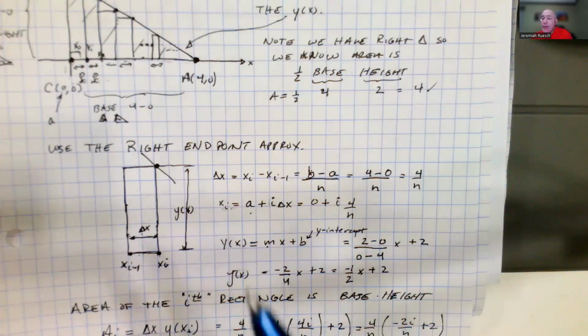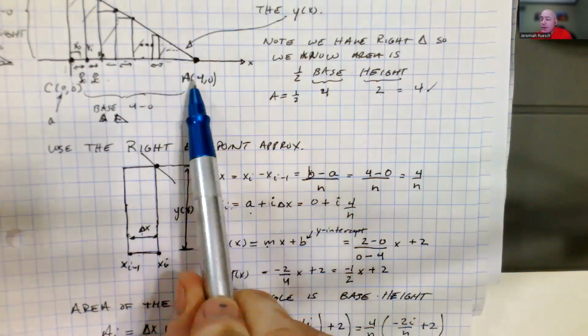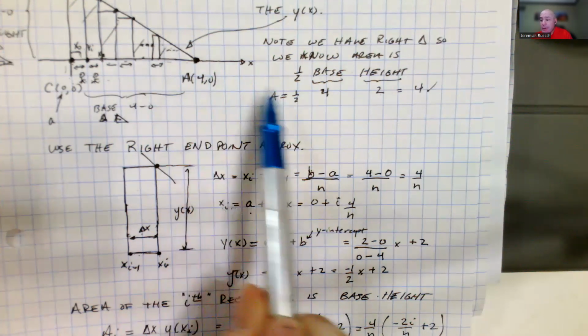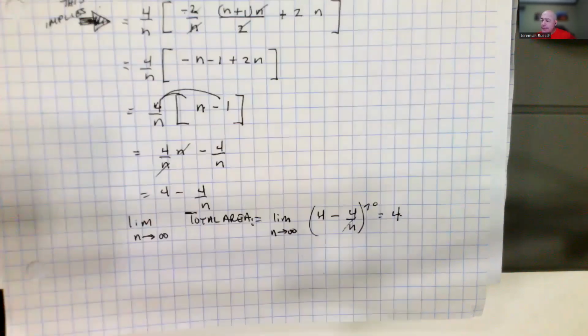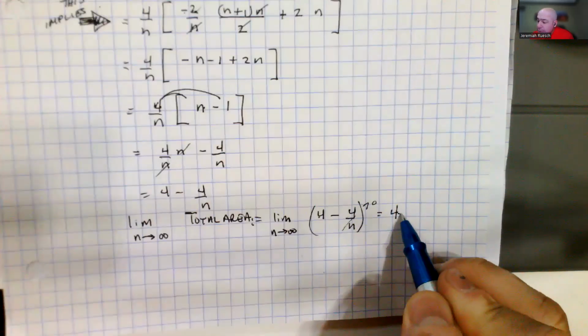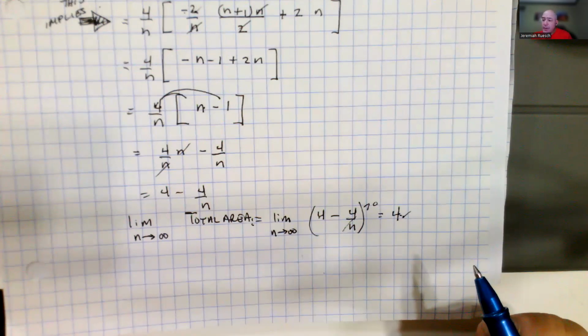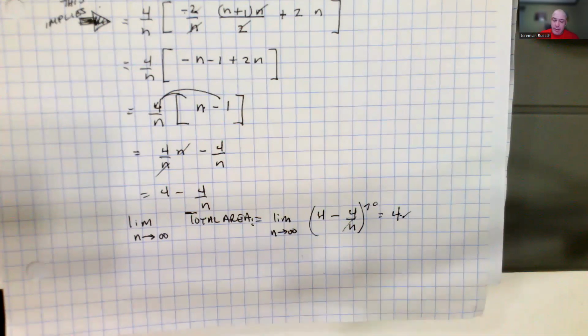In fact, if we were to be specific with these being more generic values, we would have arrived at the formula for the area of a triangle. So there it is. That's how we're utilizing the Riemann sum to calculate the area of the triangle.